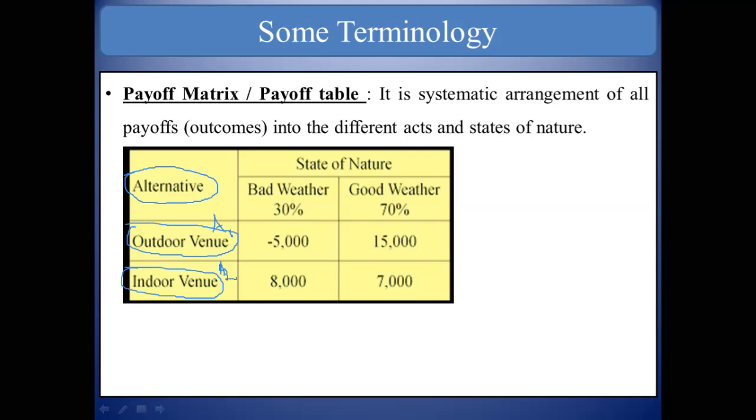And on the other hand, I have states of nature, for example, bad weather or good weather. If weather is bad and if you select outdoor venue for playing the game, then the chance of happening of this event is only 30%.